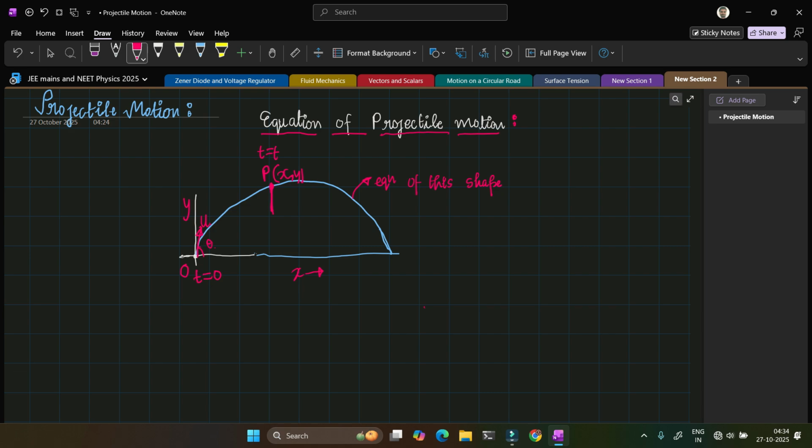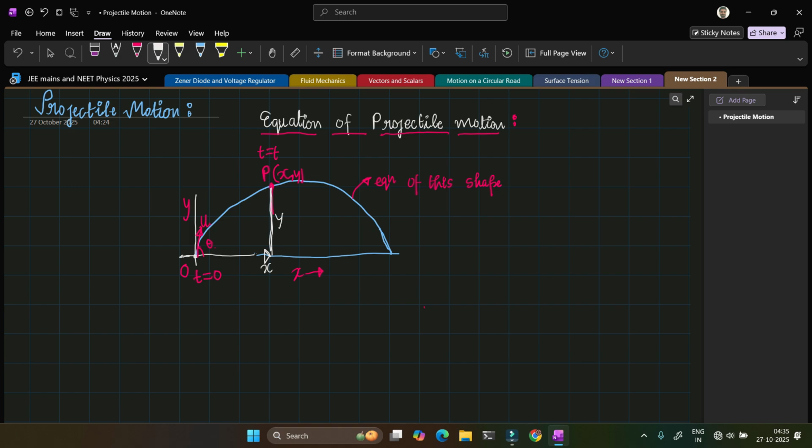So this means that our object has traveled a horizontal distance of x and a vertical distance y.